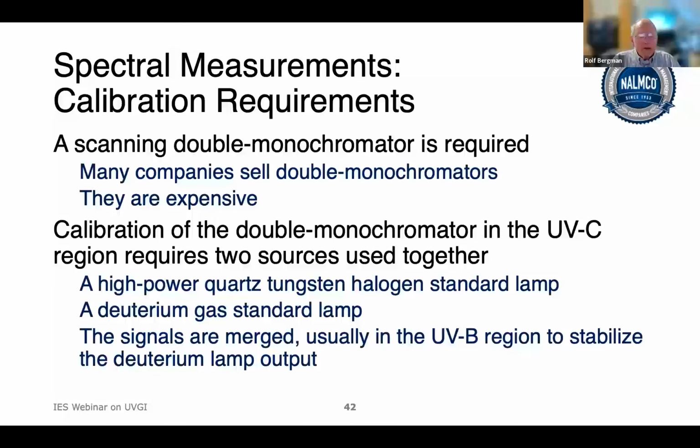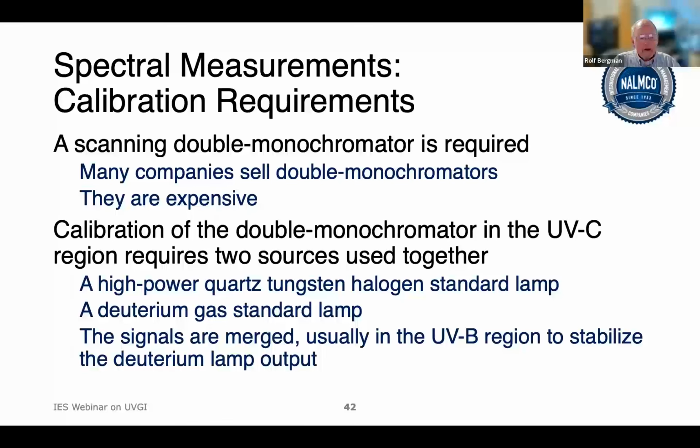Many companies sell these that are good from 200 to 800 and even further, depending on how much you want to get in the device. But even for the relatively cheap ones, they are expensive, and certainly an installer will not have these. It requires a lab to have these devices.